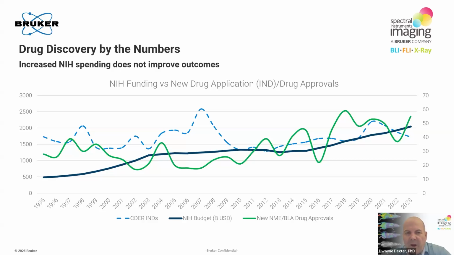Academic institutions or not-for-profits also submit INDs and look for drug approval as well. But you can see that even with increasing NIH funding, we really don't move the needle on drug approvals either.